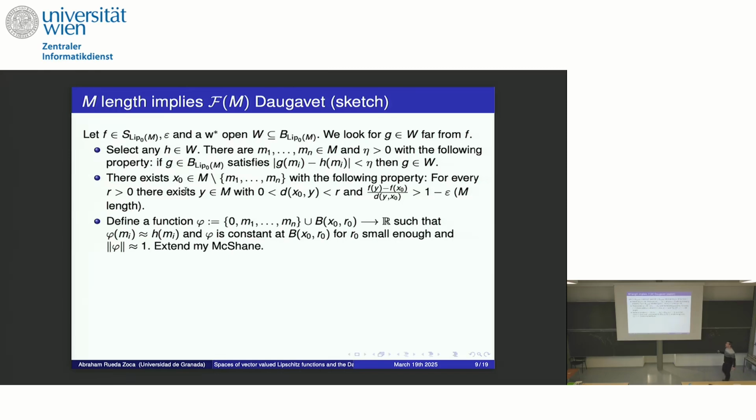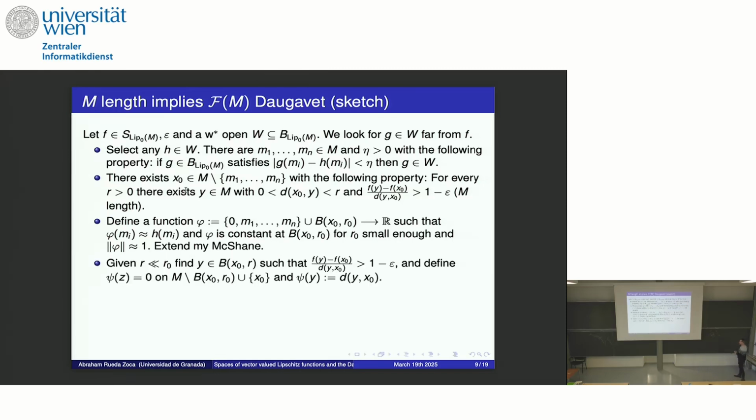Okay, what do we do next? We make a zoom here, and we say, okay, here you can find points where f has a big increasing quotient.